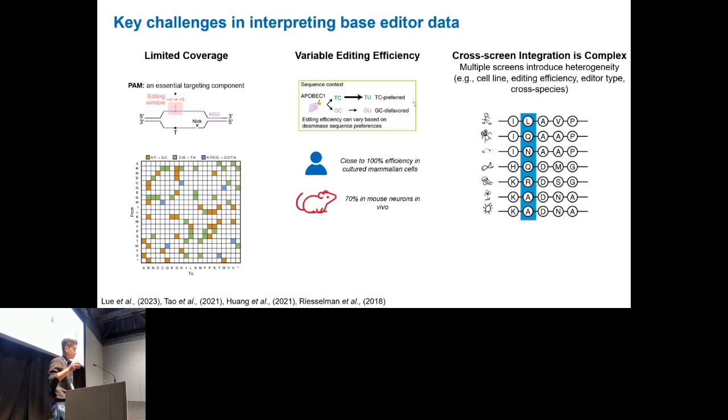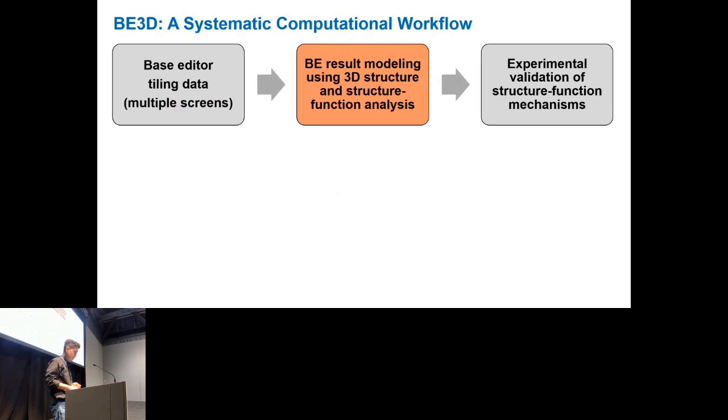And there will definitely be efficiency differences between cell lines and species. And the last part is, if we have multiple screens conducted, how can we get a consensus result across the variability of cell lines and base editors. So that's why we need a systematic computational workflow beyond the conventional base editor tiling screening pipeline.